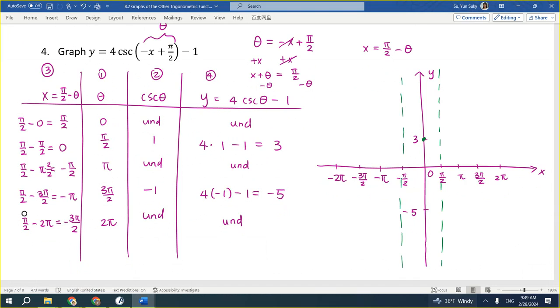Yes, everybody? Next one, negative pi. It's negative 5. And how about the 2 pi? Sorry, I read the wrong one. Not 2 pi. It's negative 3 pi over 2. And negative 3 pi over 2 is also undefined.